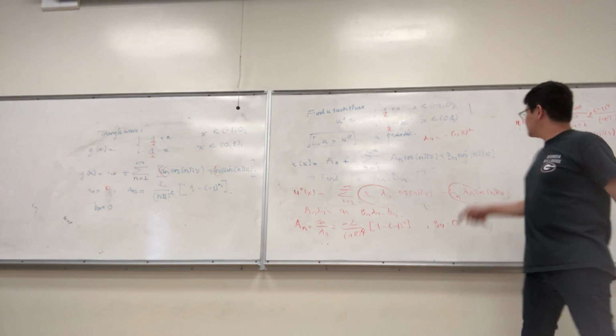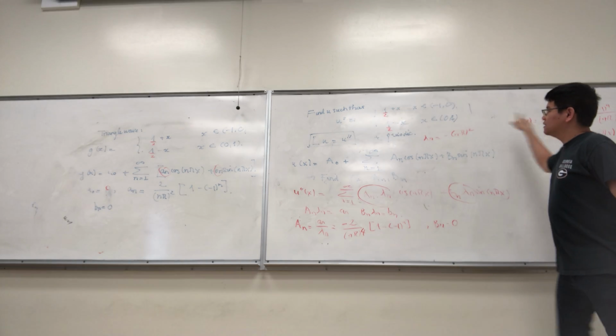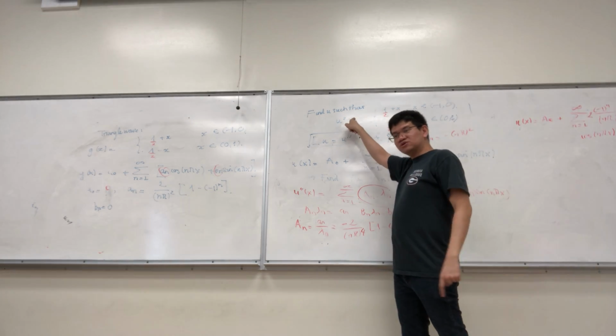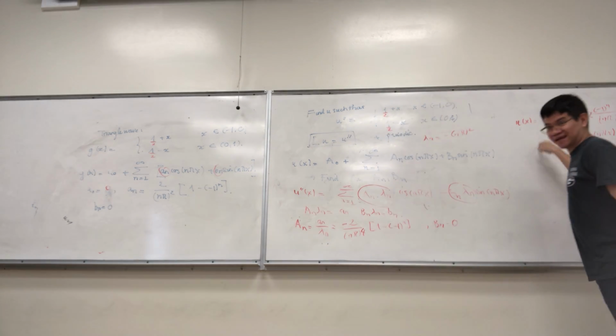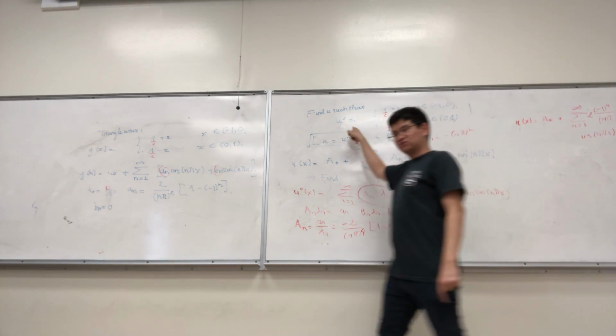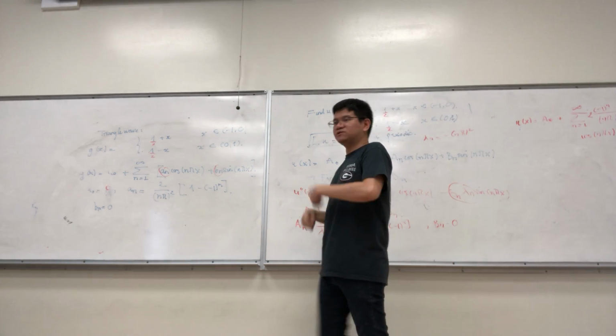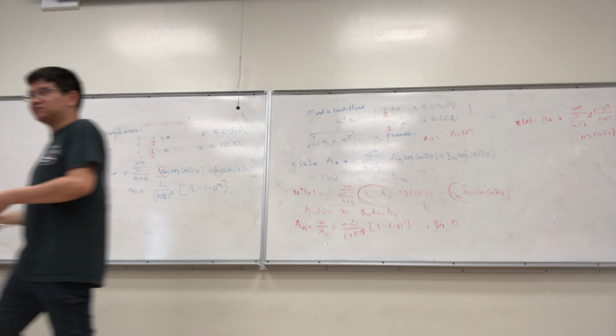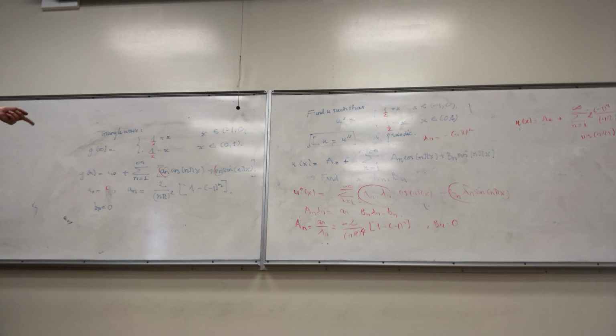See the point? So if I put 1 here, this is also one solution of this equation. If I put 10 here, this is also another solution of this equation, right? So you can choose A0 as you want, and this is still a solution of this equation. In this case, you don't have one solution, you have multiple solutions, right?